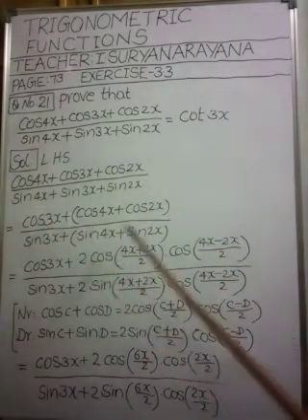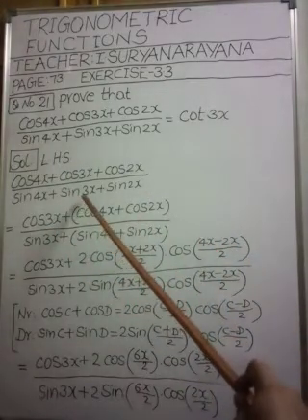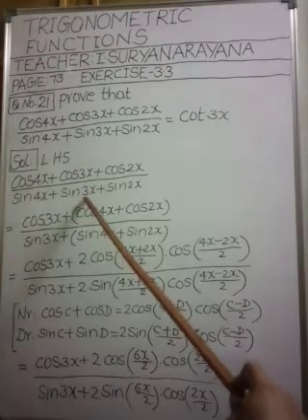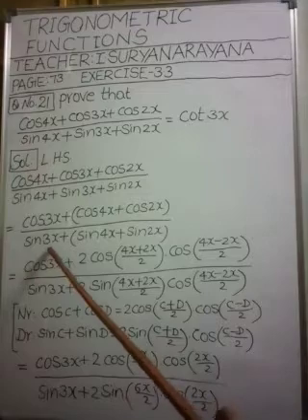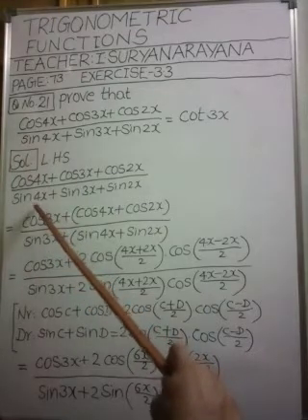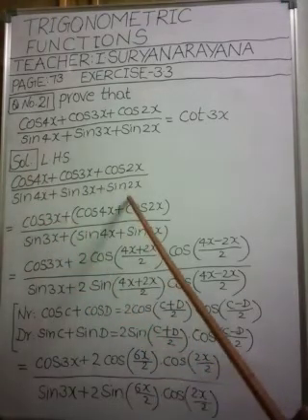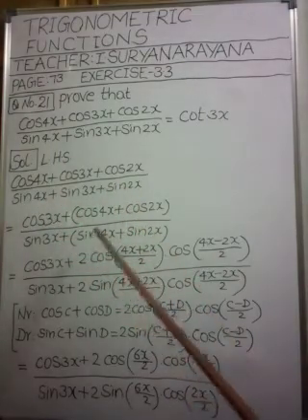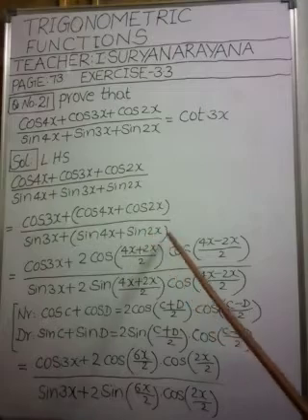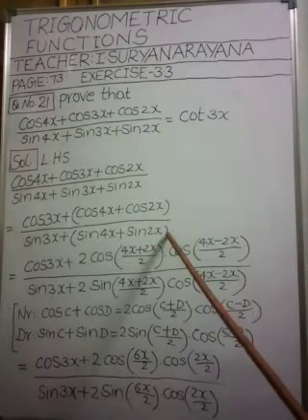Right. Divided by, in the denominator also we are not disturbing the term sin 3x, so we write sin 3x separately, plus we are pairing the first and last terms, sin 4x plus sin 2x, in brackets. Understood the denominator, my children?